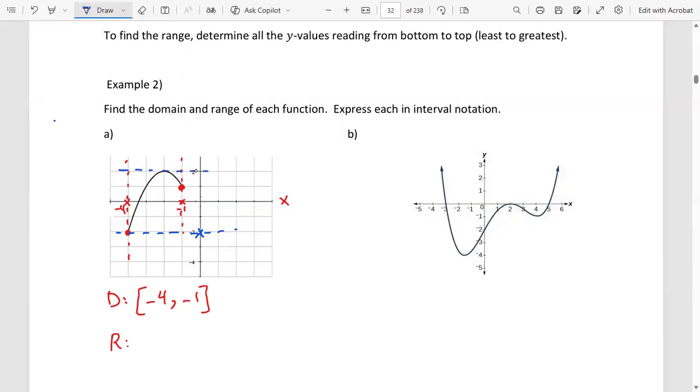That's the highest part of the graph, which is 2. So the range is between these two numbers. That means from -2 to 2. And both of them are included again because we don't have any open dot for them. So that's a closed dot, and there is no open dot here. That means it's a closed dot again.